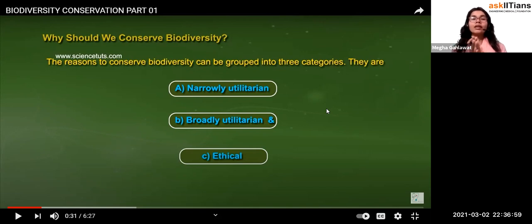Narrowly utilitarian are the things which are not of as much use to us, but have a narrow spectrum of usage to human beings. Broadly utilitarian are extremely useful for us, and human beings are exploiting everything. And ethical is related to how the different habitats belong to the different species, and we should let them be in peace.